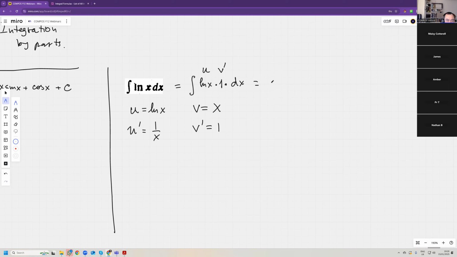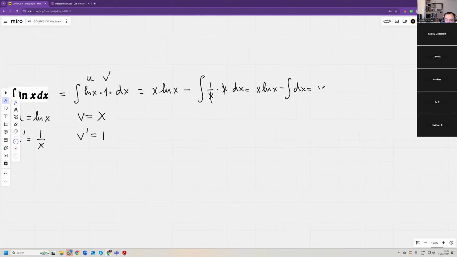So it's uv, so it's x logarithm x minus the integral of u dash, so it's 1 over x multiplied by v, x, dx. X cancels and we get x logarithm x minus the integral dx, which is x logarithm x minus x plus c.